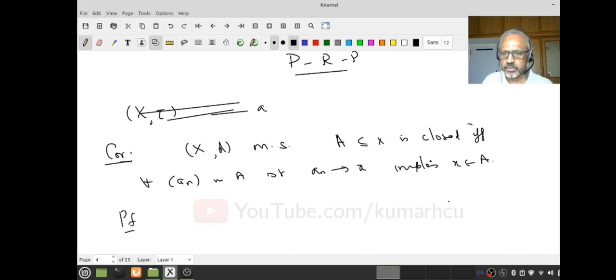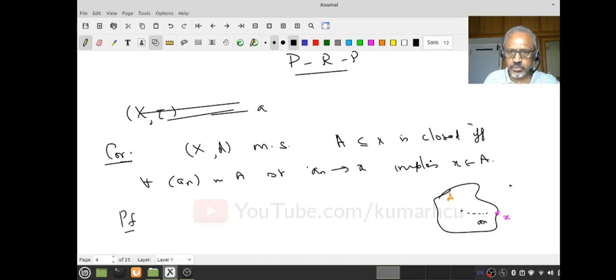So I have A, I have a sequence a_n, and if I know it converges to x, then x must be in A. This is my A. These are my a_n's. Is this obvious? If you understood the last lecture on closed sets, you know that.